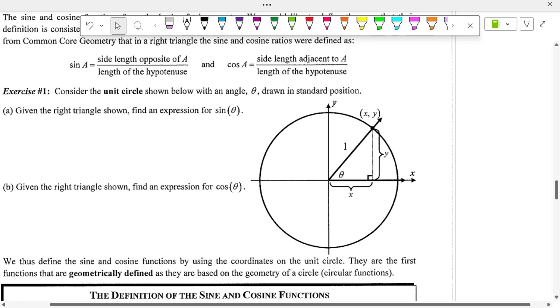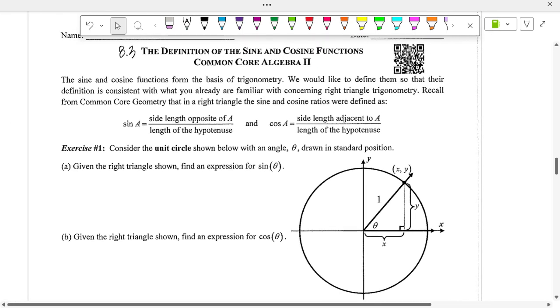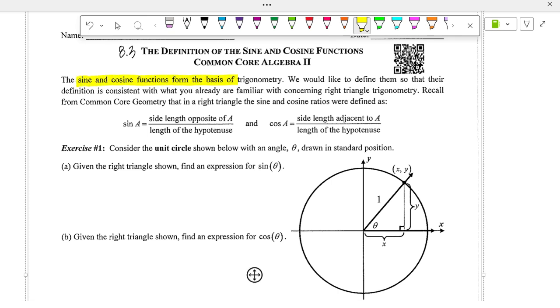So for exercise 1, the definition of sine and cosine functions. Sine and cosine functions form the basis of trig. And you define them so that their definition is consistent with what you are already familiar with concerning right triangle trig.